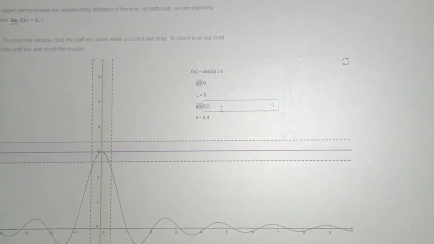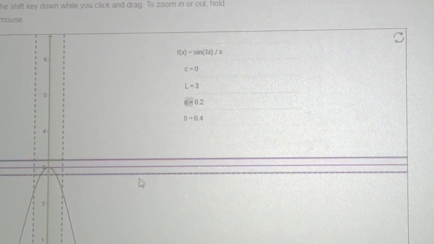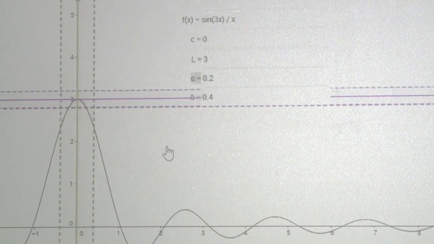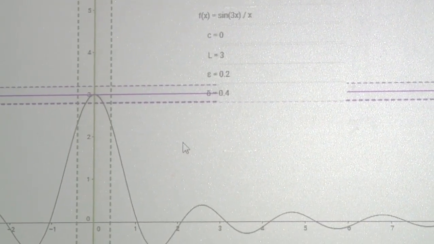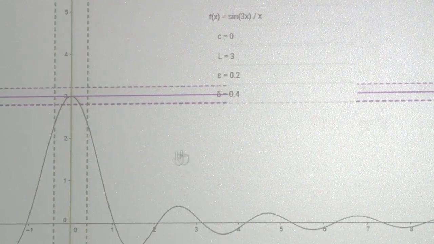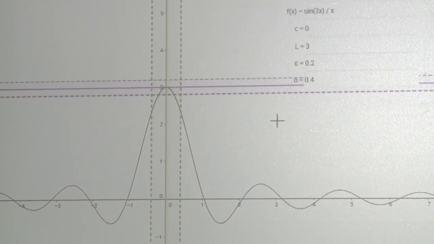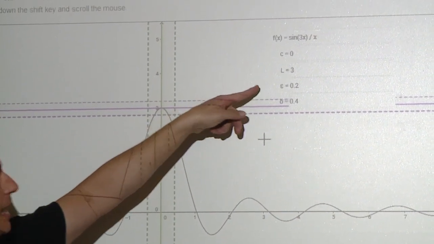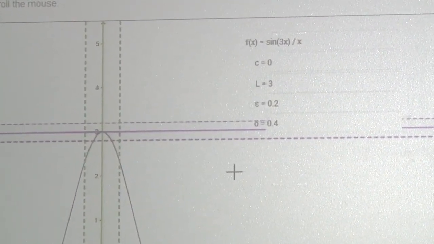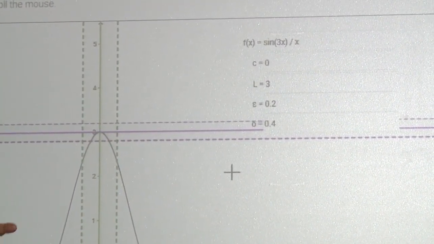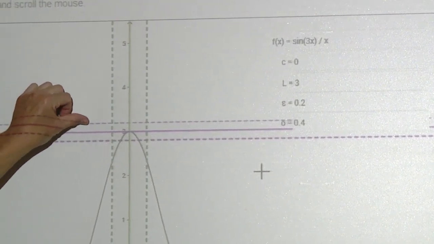And the person on the street is giving us an epsilon of 2/10. So this is what the graph looks like. But we're really only concerned with what's happening over here. So if the person on the street is giving an epsilon of 2/10 and we think the limit is 3, that means the person on the street is asking us to stay under what y value?